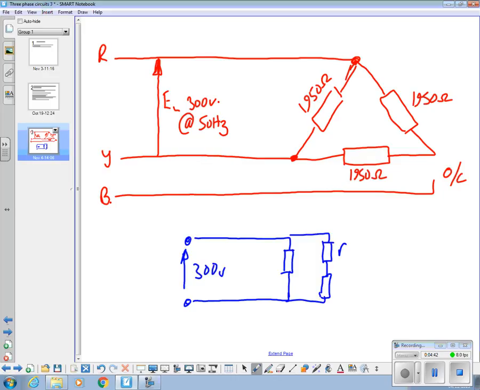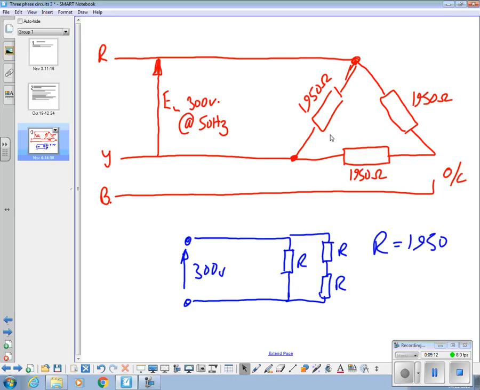That, and if we label them all R and say R equals 1950, we've got our system in a more conventional way of drawing it. Because it doesn't really matter now showing that that's a delta, and we've not got three lots of voltages 120 degrees out of phase with each other.